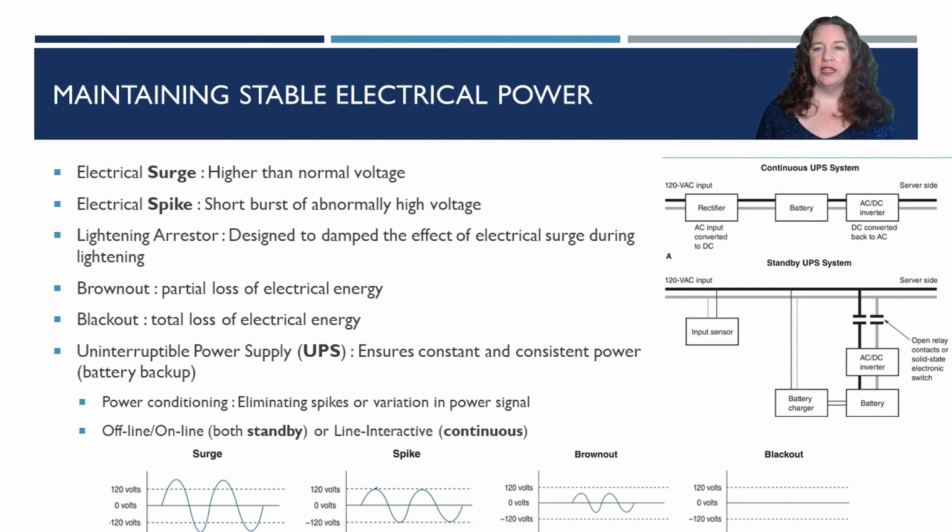The line interactive is where the inverter actually exists in line with the battery, and it's continuous, which means we have our power coming in, constantly recharging our battery, which is constantly being used to keep our server up. If at any point power fails, the battery will instantly take over because it's been there in the middle of the line anyway.